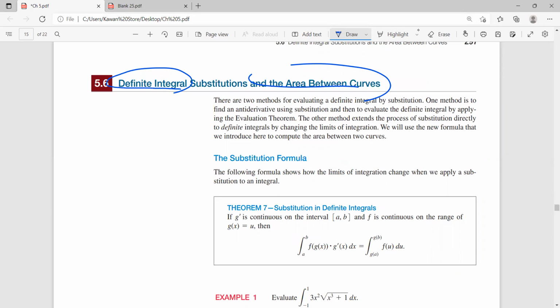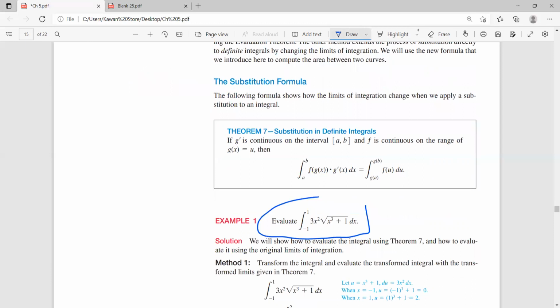So today, like a review, then we are going to solve something else. When I say review, look at the example. We have that example. So how do we solve it?